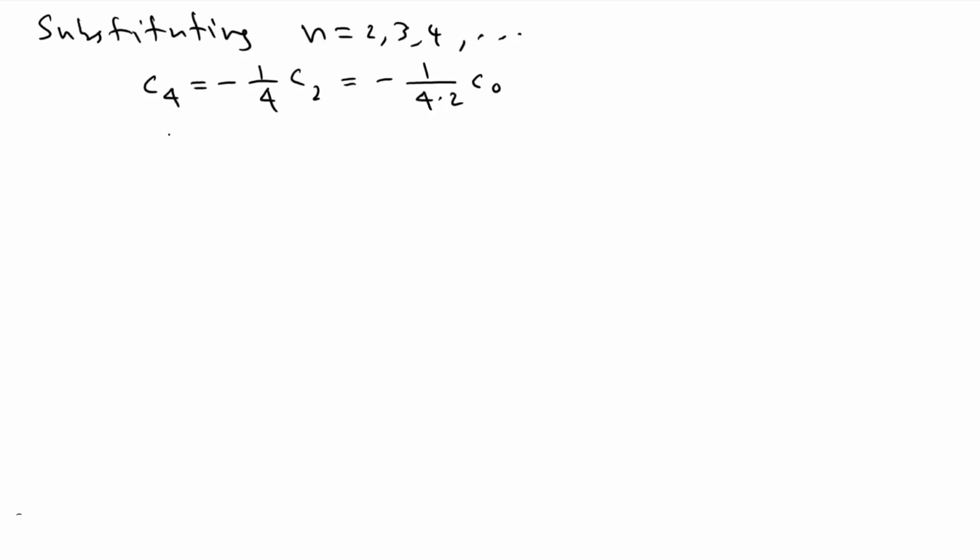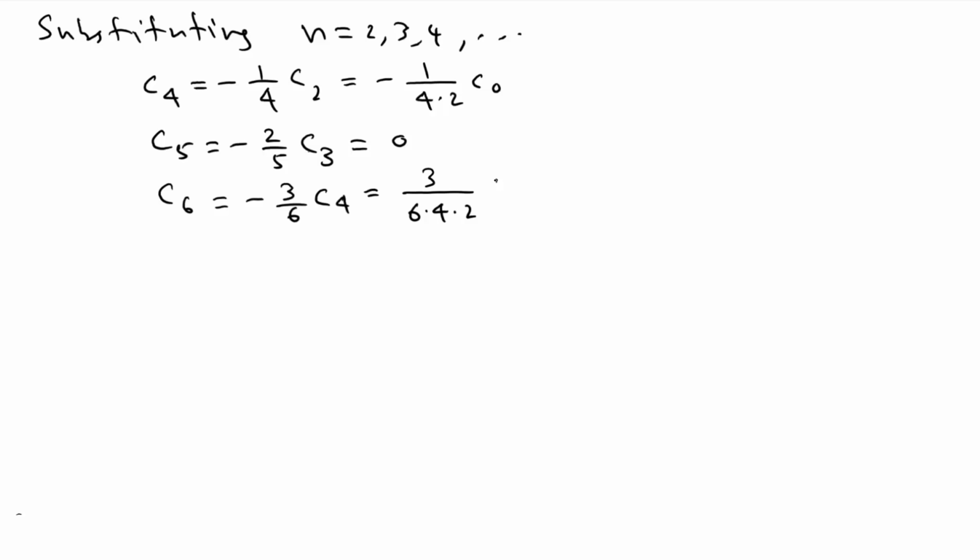Then c5 is negative 2/5 c3, but we know that c3 is 0, so this is gone. Then c6 is negative 3/6 c4, which we already know, so once you plug that in, you get 3/(6 times 4 times 2) c0. And then you can see c7 is 0, like that. Okay, so we can find the first few terms.